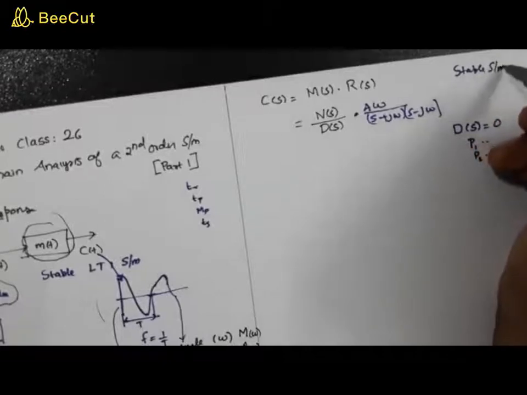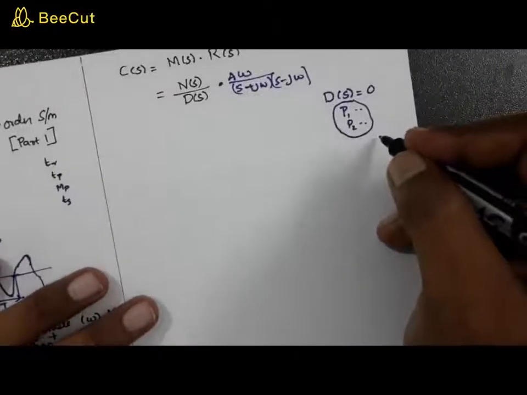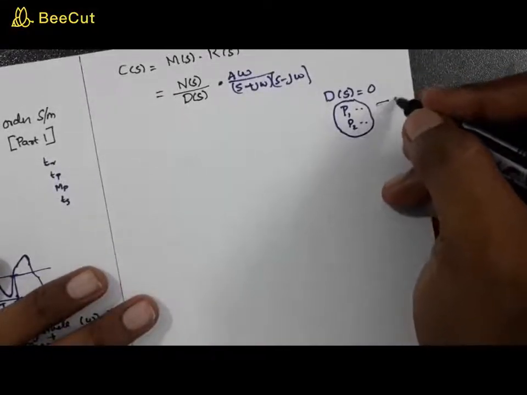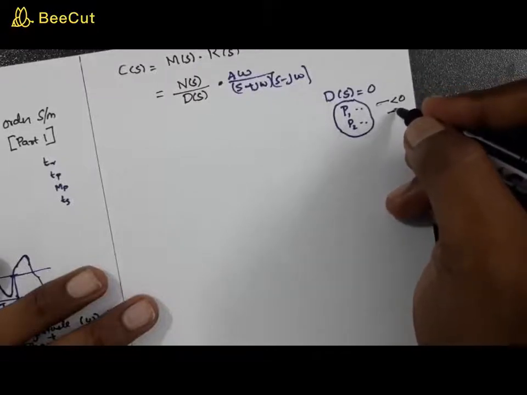We are just studying a stable system. Now what must be the speciality of the poles of a stable system? They should lie on the left half of the S plane, meaning all the poles should have a real term less than 0, or it has to be negative.